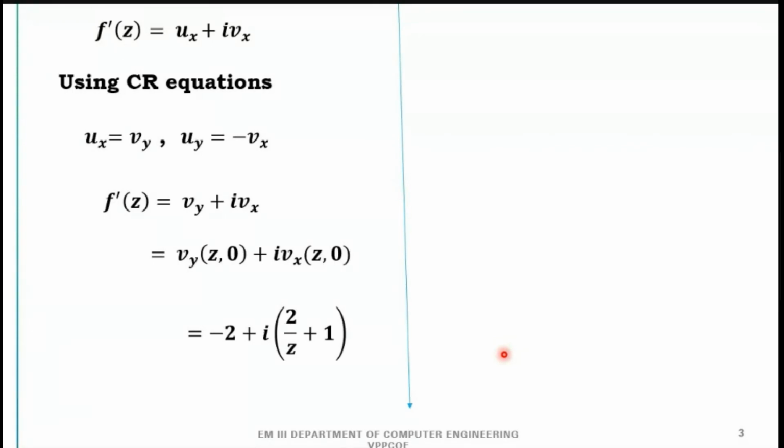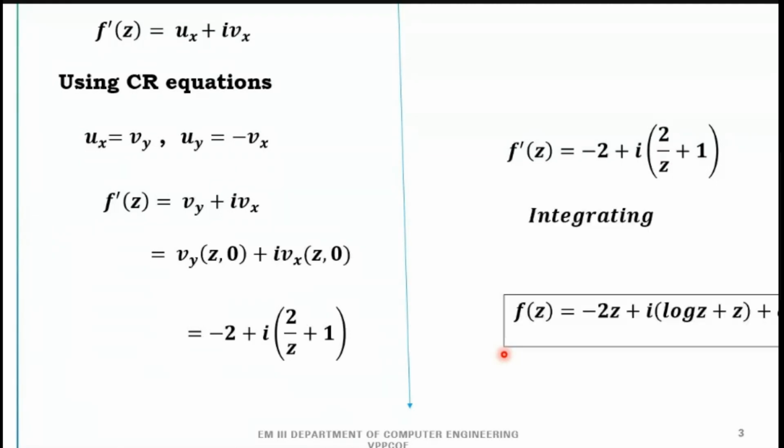Our aim is to get f of z. We have got f dash of z. Now integrating f dash of z to get f of z, that will be the final answer, finding the analytic function. So f dash of z is minus 2 plus i into 2 by z plus 1, integrating each term. Minus 2 integration will become minus 2z, 2 by z integration is log z, 1 integration is again z.